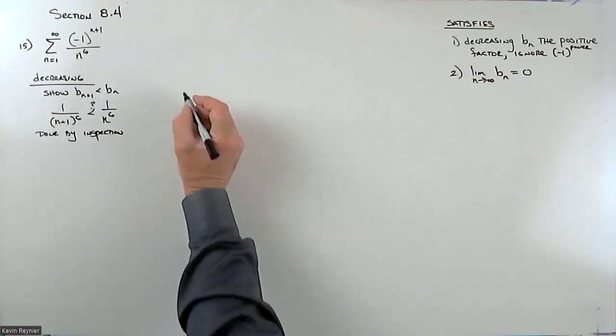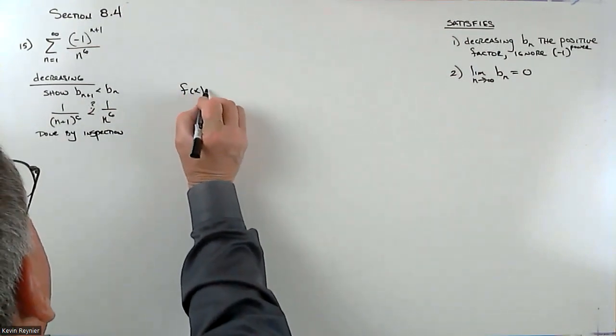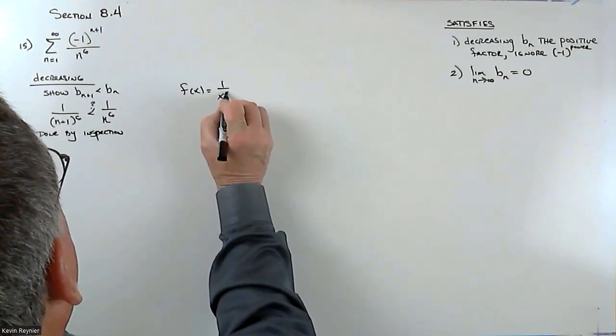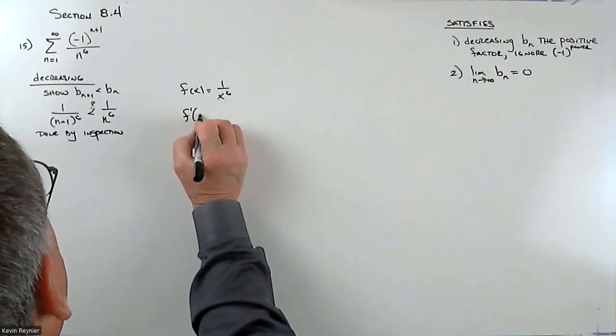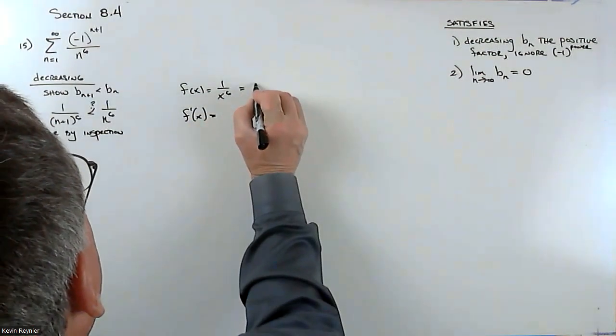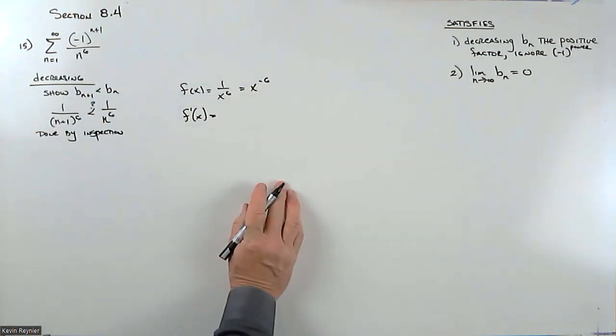Of course, if you wanted to take the derivative, you'd say f of x equals 1 over x to the 6th. F prime of x, of course, this is x to the -6, isn't it?